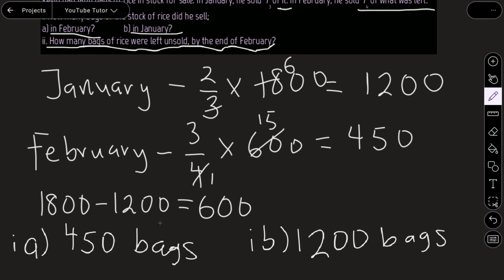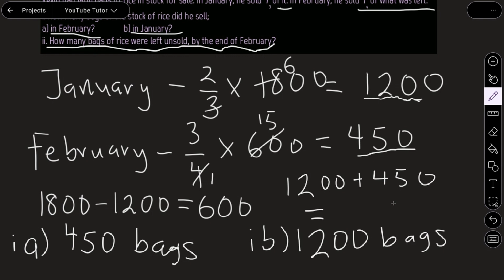So by the end of February means when we combine the 1200 plus 450, what do we get?